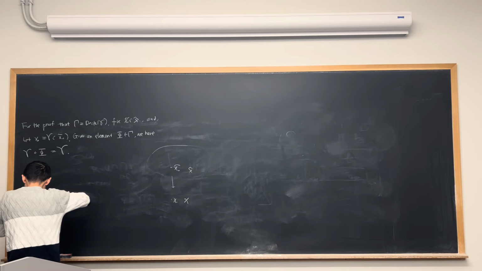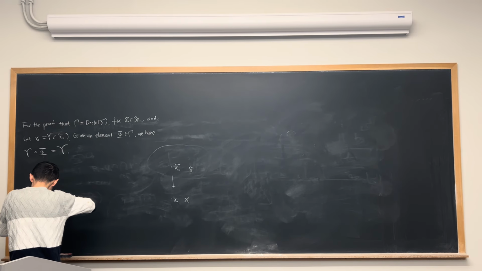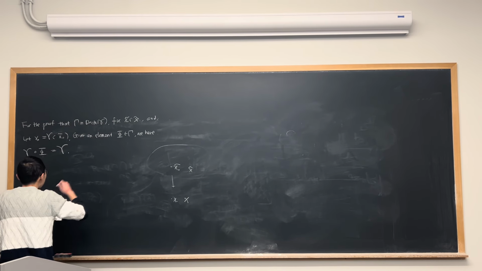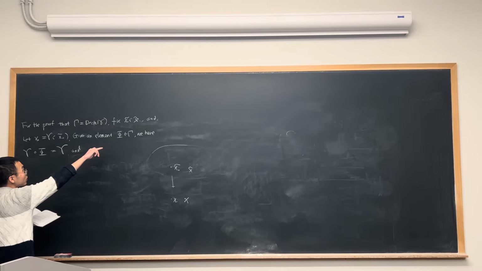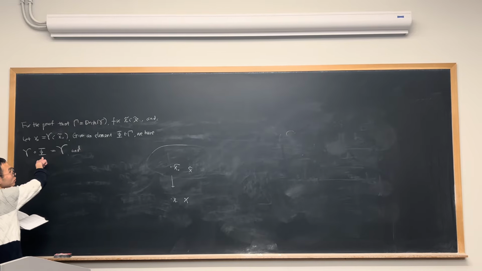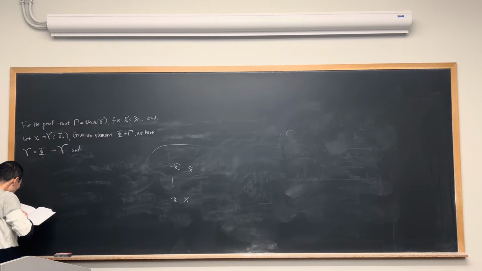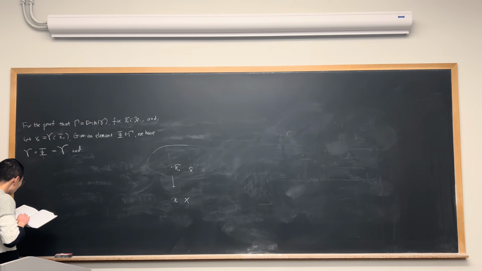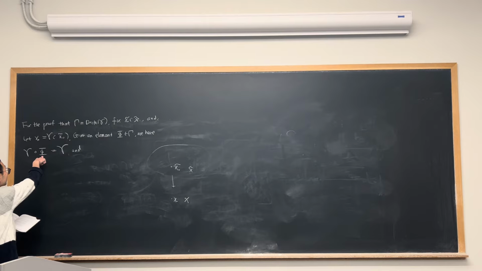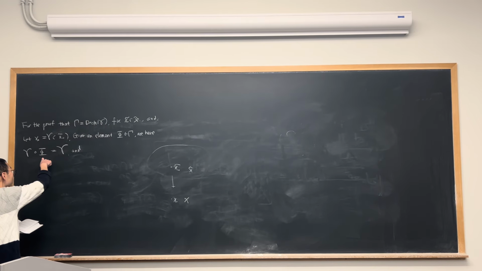Because this gamma is a subgroup of the group of self-homeomorphisms, and because phi satisfies this property, we know that it is in the deck transformation group.